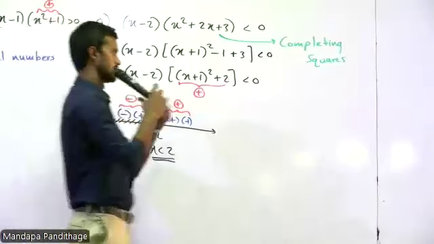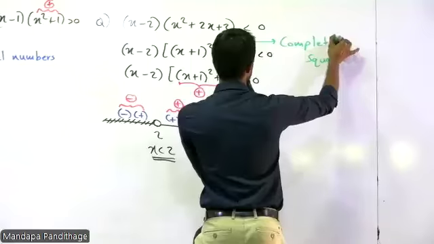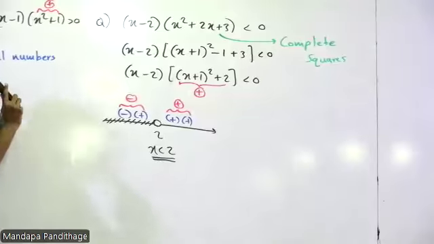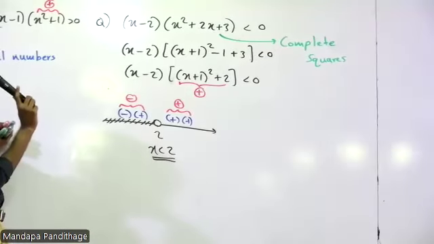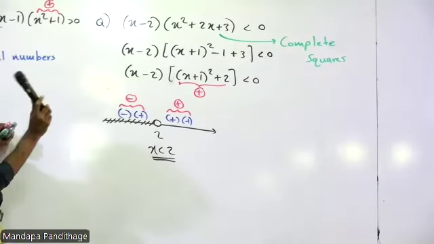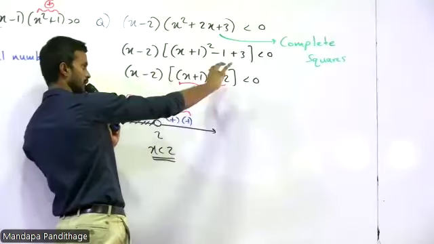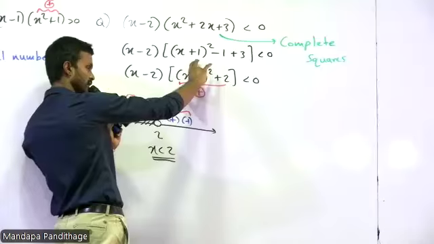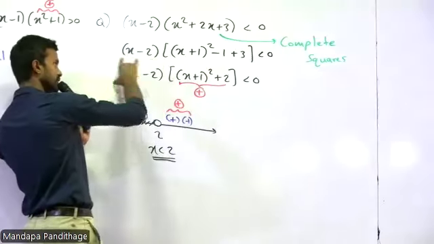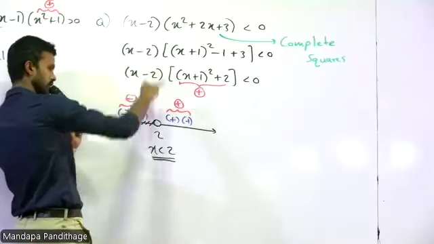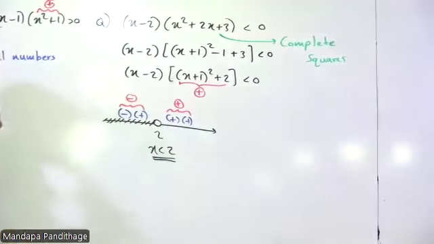Then do this completing squares, and after coming to here, since this is positive, it gives you the freedom to work with the remaining factors.